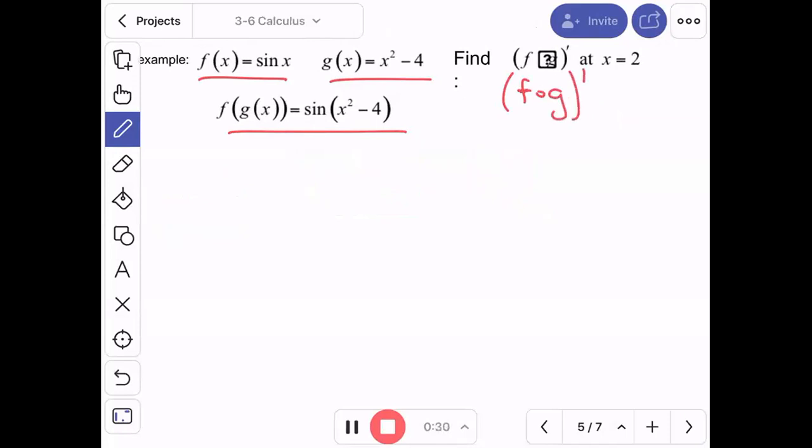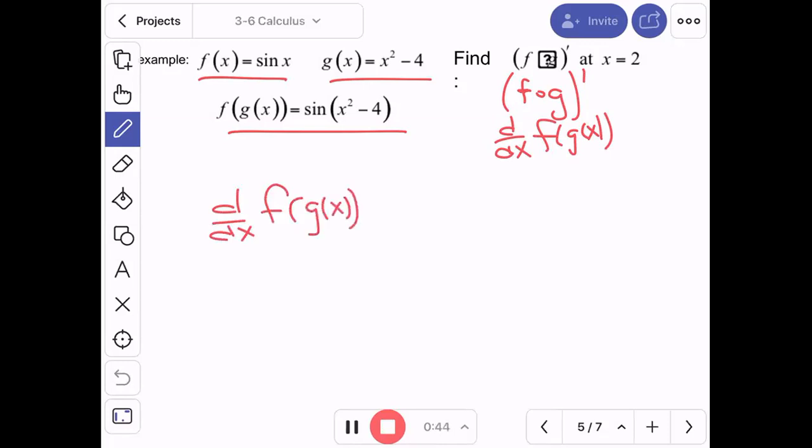So I want to take the derivative of f of g of x at x equals 2. So let's write down what we know. d dx of f of g of x equals f prime of g of x times g prime of x. All right, so what do we have?